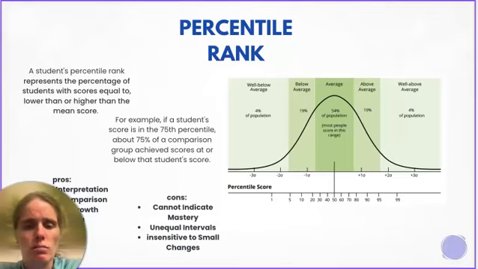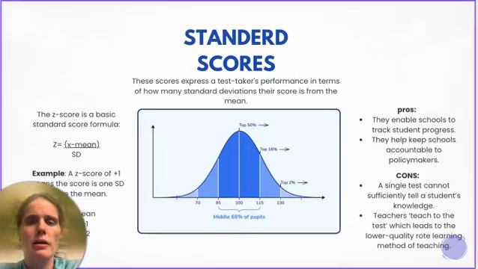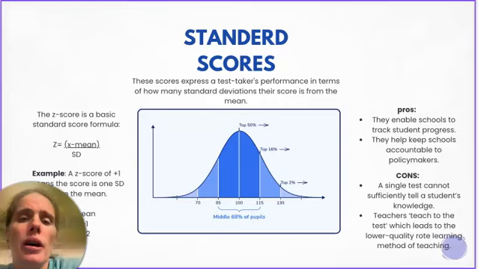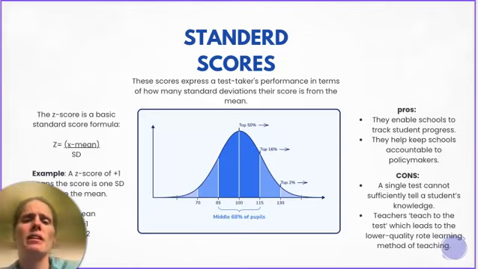And then I'm going to move on to the next one. Okay, standard scores are often referred to as Z-scores as well. And these scores express a test taker's performance in terms of how many standard deviations their score is from the mean.